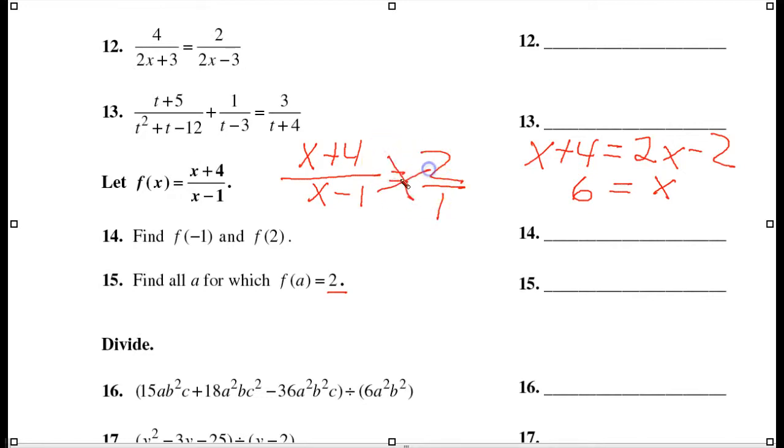We're just going to cross multiply. So we get x plus 4 equals 2x minus 2. Just cross multiplying this way. And we bring the x over. That becomes an x then. Bring this over, becomes a positive 2. And for number 15, it's that.